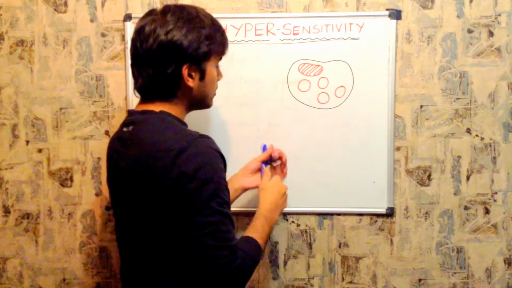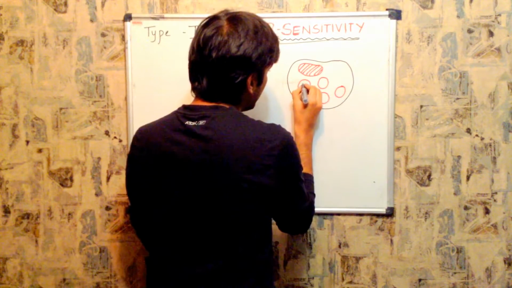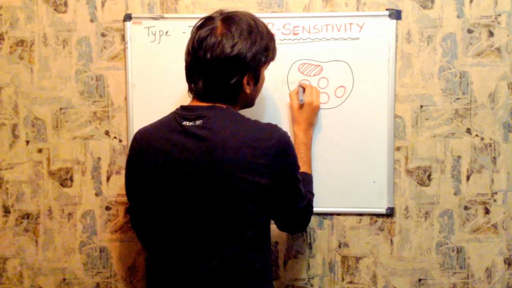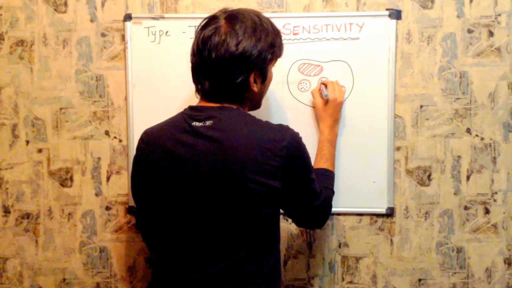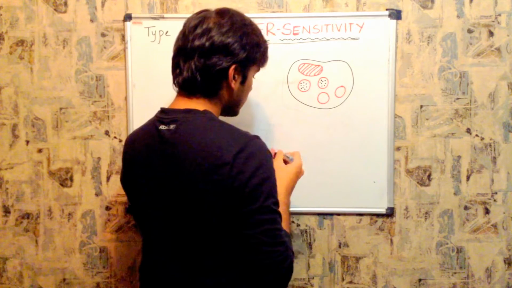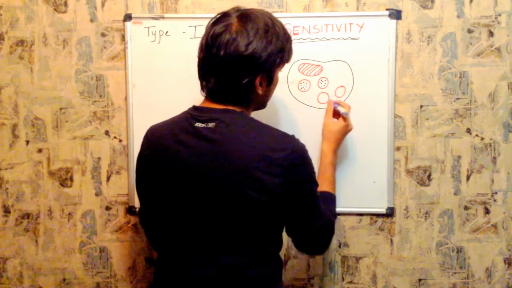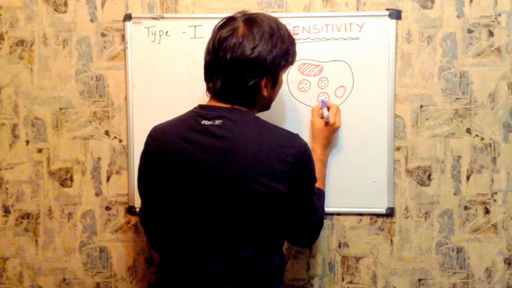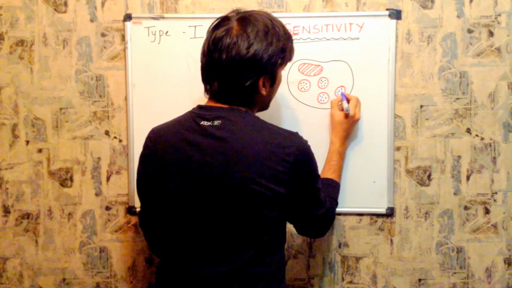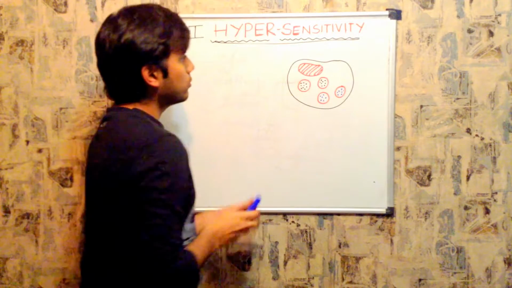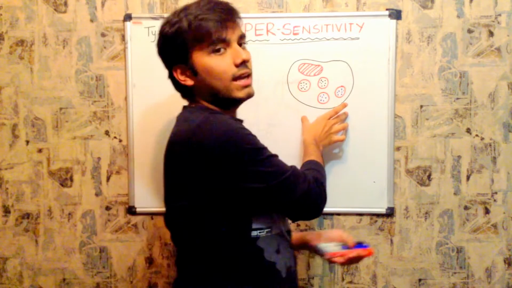These black dots which I am representing here are the granules present in the vesicles of mast cells, and these are different types of granules. So this is a mast cell.